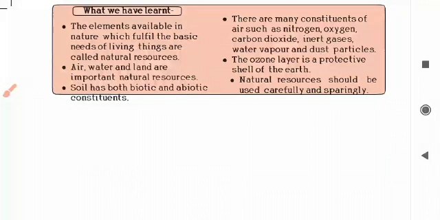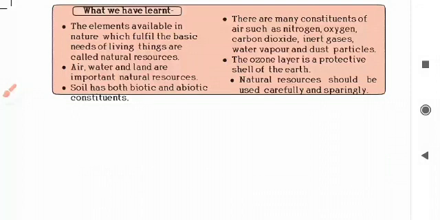Then we have seen that air is a mixture of different gases. There are many constituents of air such as nitrogen, oxygen, carbon dioxide, inert gases, water vapor and dust particles. So, I hope you understood this lesson.